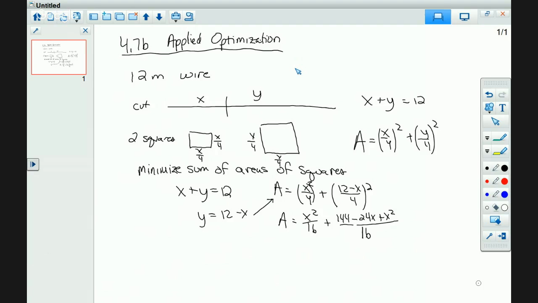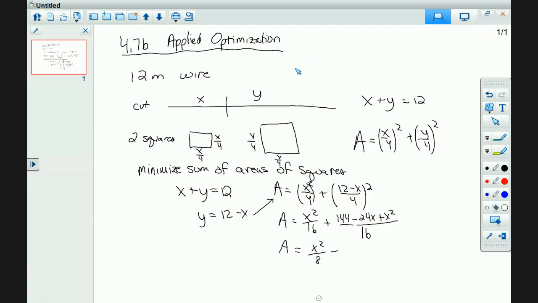All right, so simplify. They're 2x squared over 16, so that's x squared over 8. And then we have minus 24x over 16.